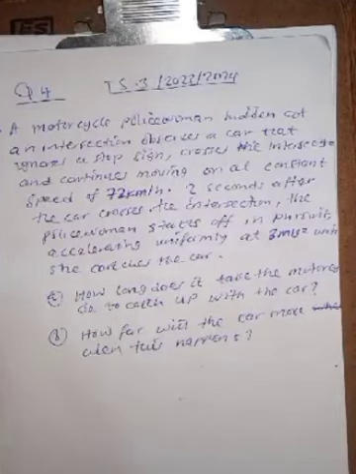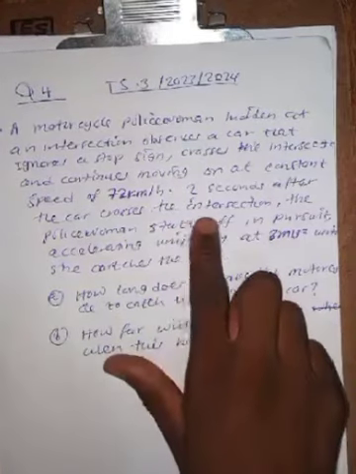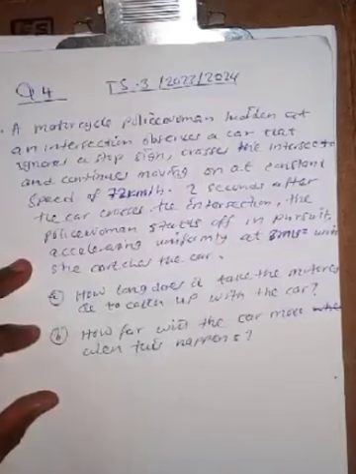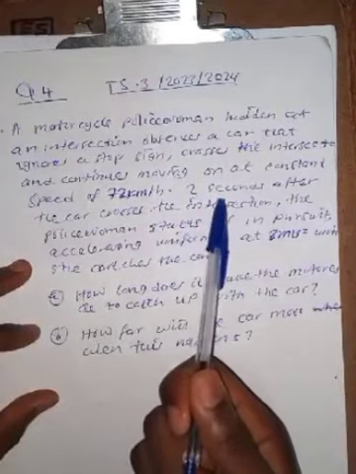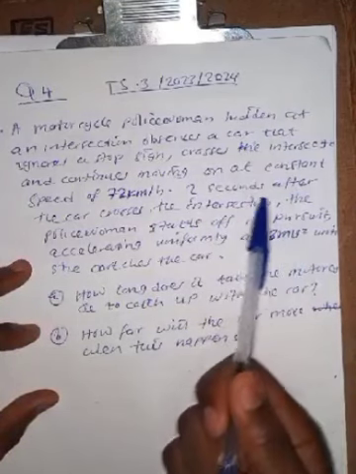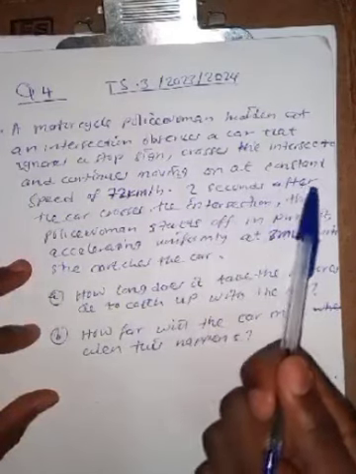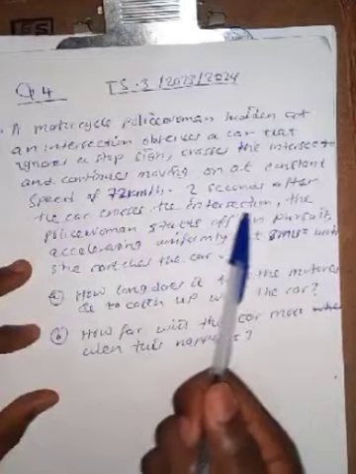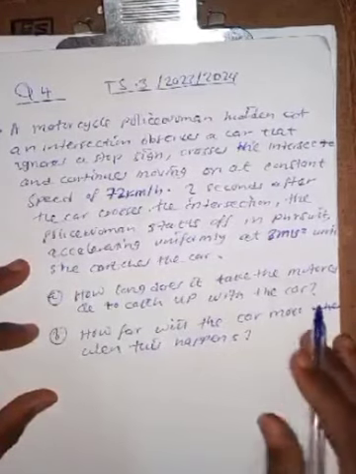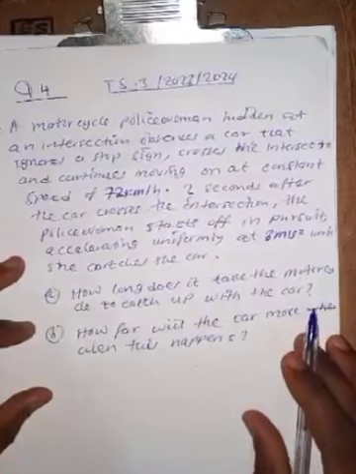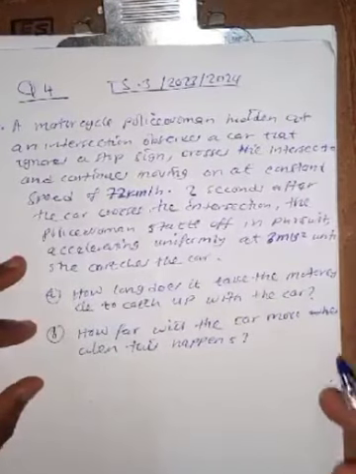So the policewoman saw that, and she started chasing the car. Now what happened is this: the car had already passed. That's when the policewoman started what? Following. We can see that they said 2 seconds after the car crosses the intersection, the policewoman starts off. That is very, very important to note.